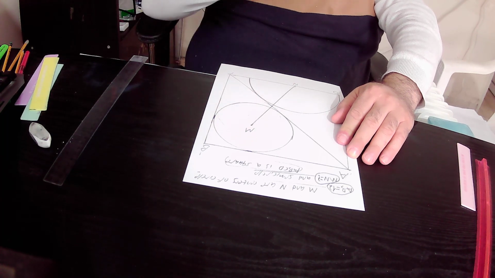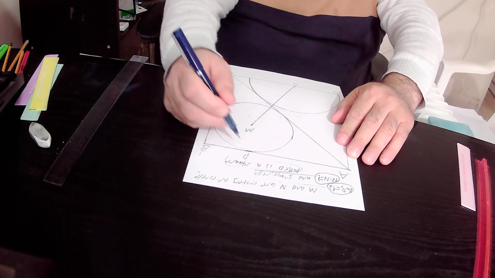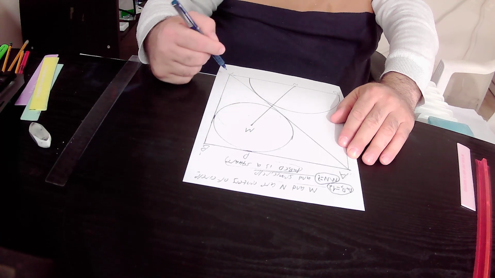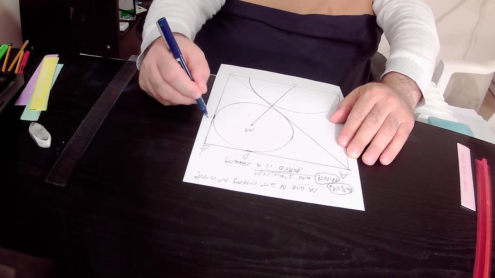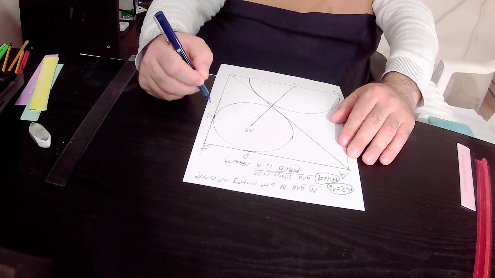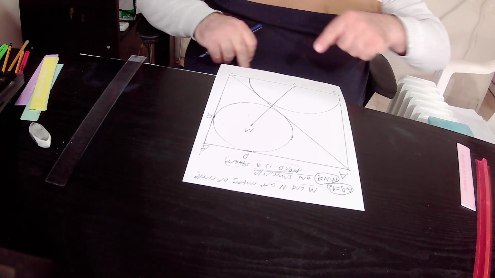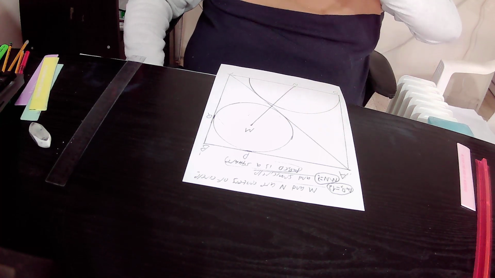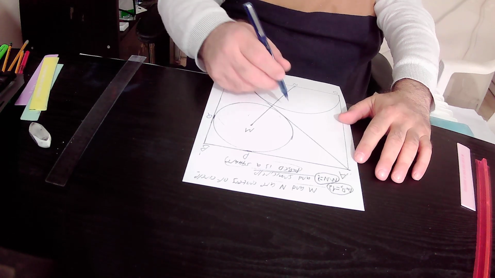This point is point P. We will define the second point of tangency of this circle with the tangent BC as point Q. We will define the point of tangency of this circle with diagonal AC as point R.